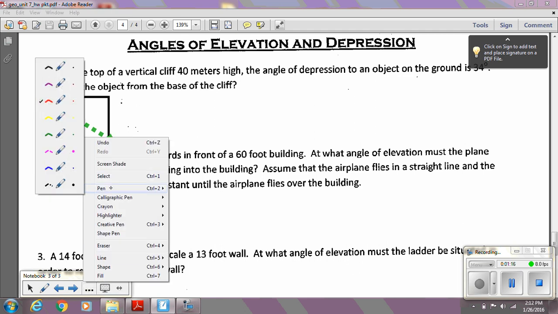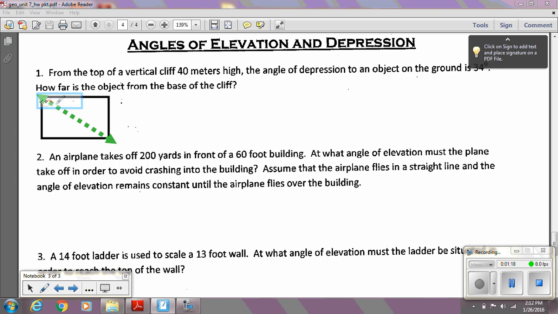Now read the question to make sure you understand what's going on, and that'll help you label your triangle. From the top of a vertical cliff 40 meters high, so I need a cliff that's 40 meters high. The angle of depression to an object. So from the top, the angle of depression would be this corner here.